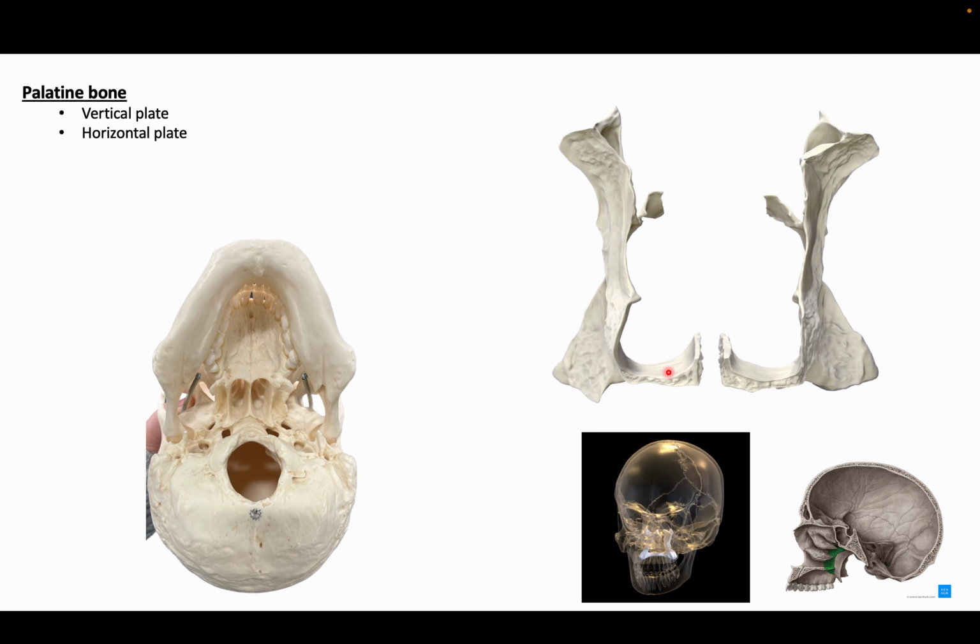From the inferior view of the skull, you can see the palatine bone right here, the bottom portion of it, and this right here would be the horizontal plate, and this would be the vertical plate. So this is the palatine bone.